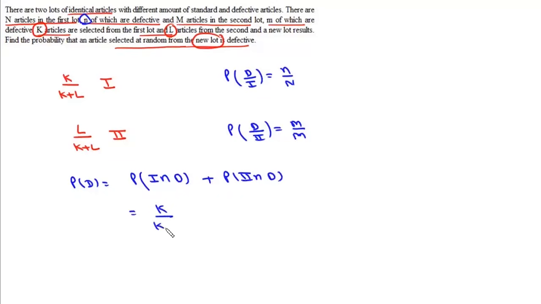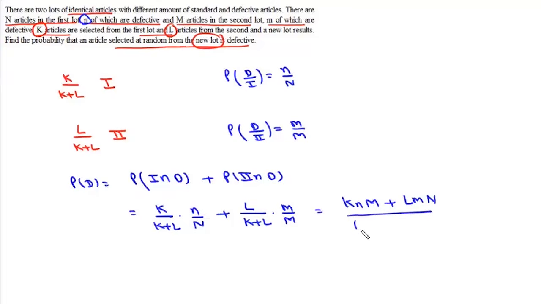So it will be k upon k plus L into n by capital N plus L upon k plus L into small m by capital M. So it will be simply kn capital M plus L small m capital N upon k plus L into capital M capital N, and that is the answer to this question.